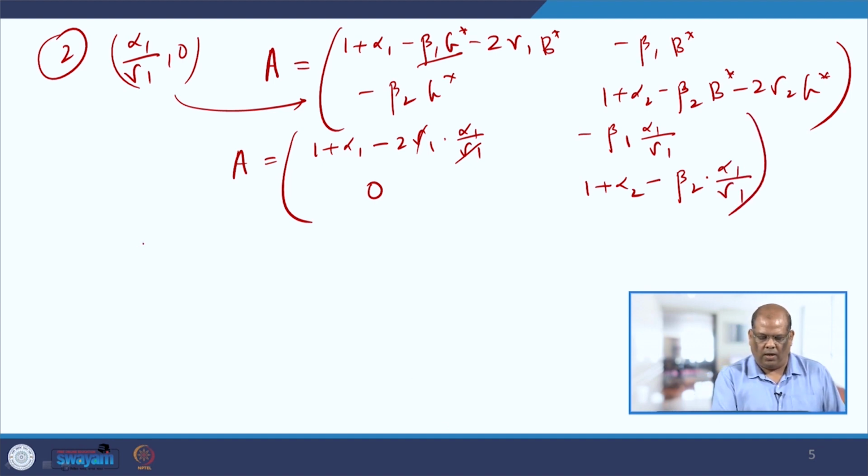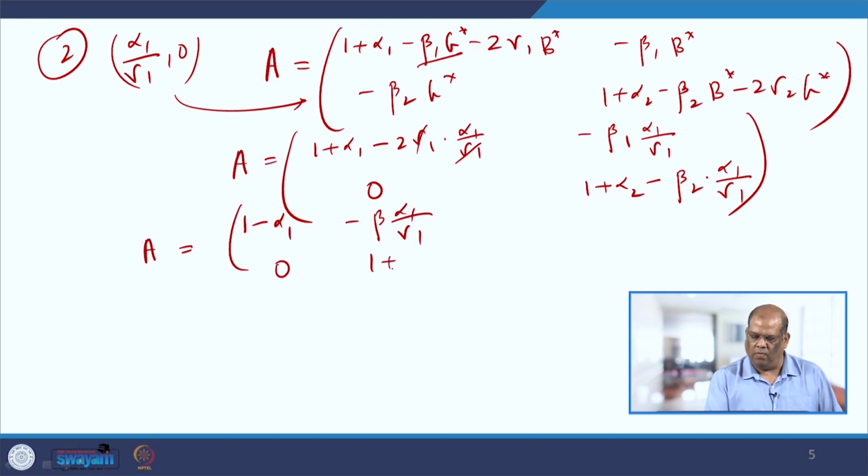So, you get A equal to 1 minus alpha 1, minus beta 1 alpha 1 by gamma 1, 0, 1 plus alpha 2 minus beta 2 alpha 1 by gamma 1.